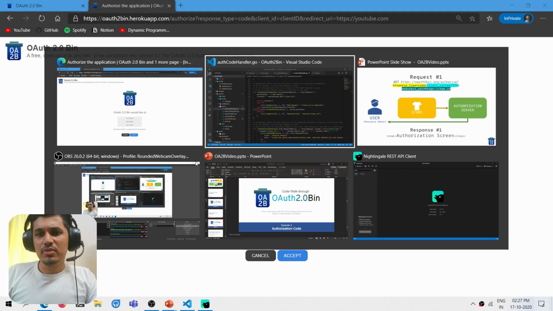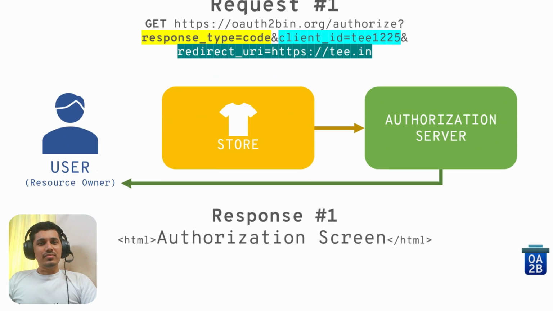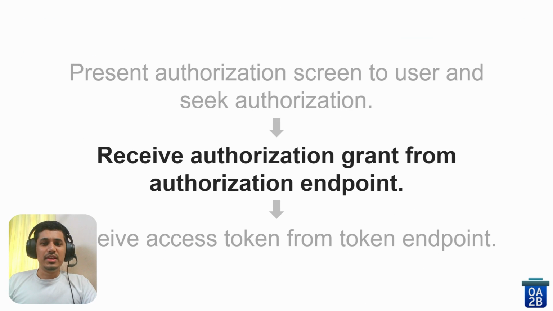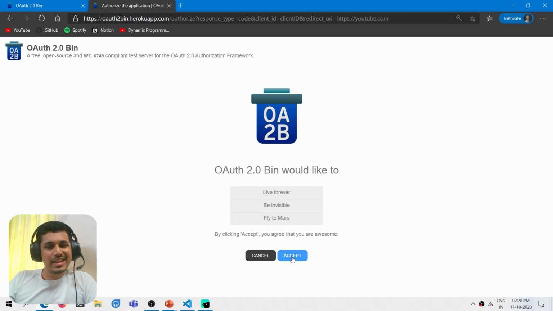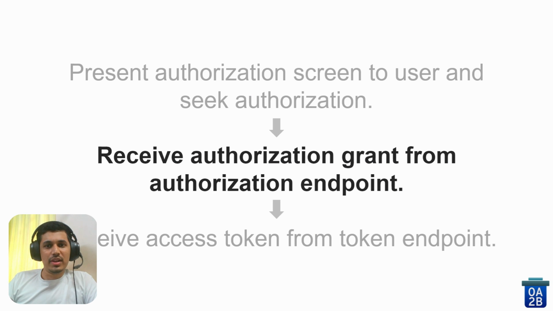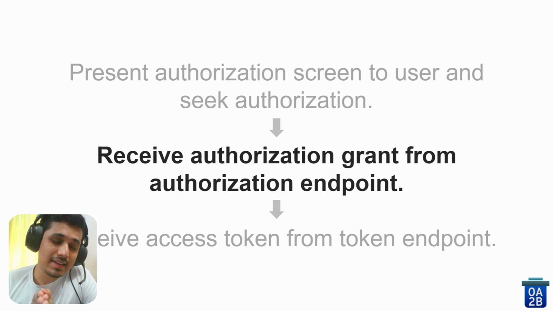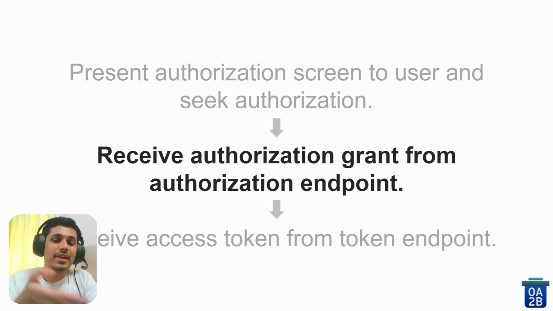So let's jump back to the presentation. The next thing we do is we receive the authorization grant from the authorization endpoint. Before that, the user would click on this accept button, and what we need now is proof that the user actually authorized the t-shirt store to access their information from Google, if in our example that would be the case.